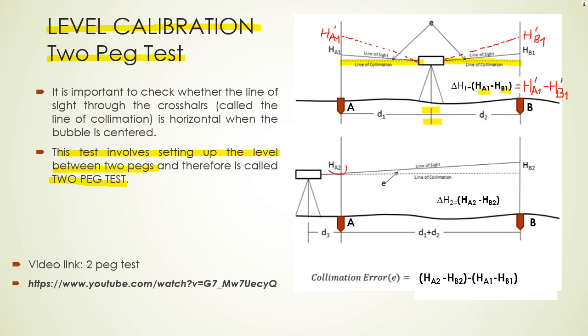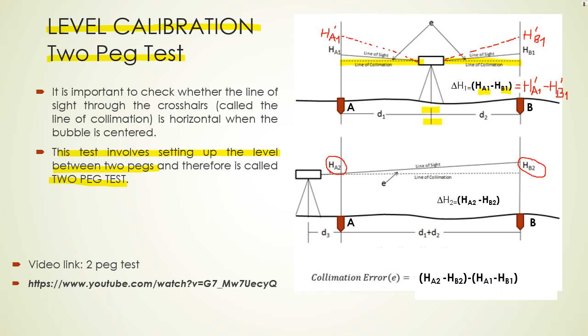So you have HA2, and then you sight to point B and take another reading, HB2. If there's no error of the instrument, you have another set of readings over here, so you calculate the height difference of point A and point B again.